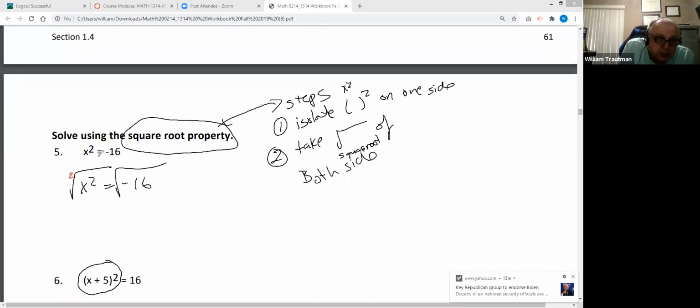That's why we call it a square root, because if it was a third root, there'd be a 3 there. The square root and square cancel each other out, and we're just left with x equals the square root of negative 16.